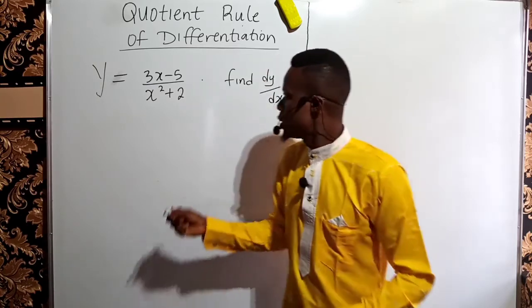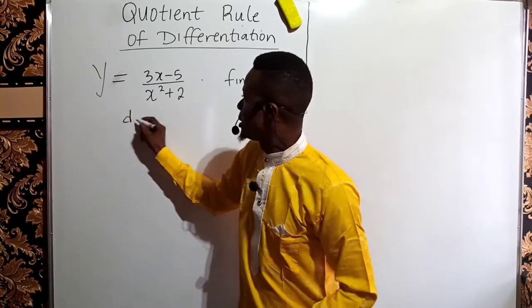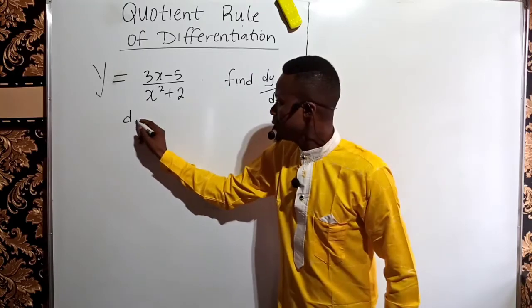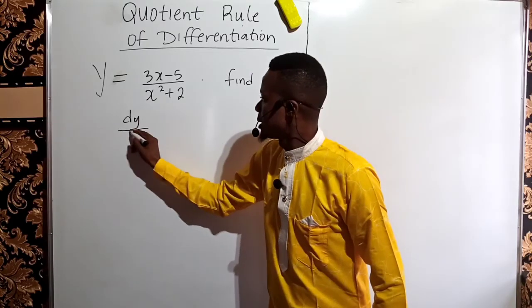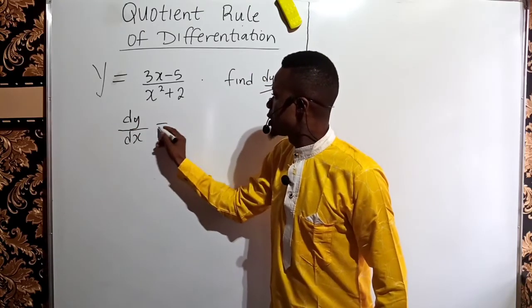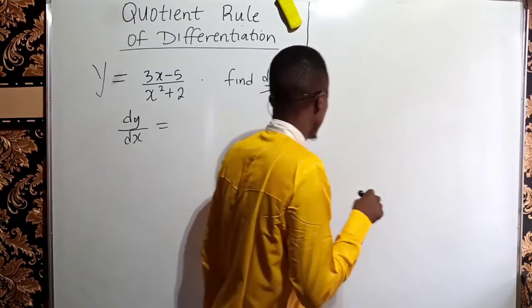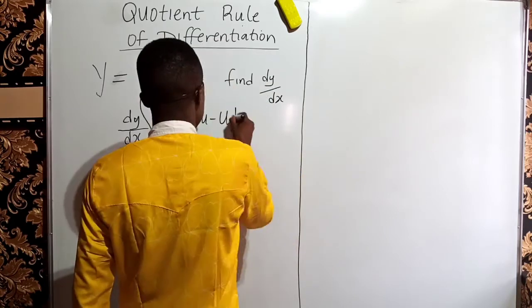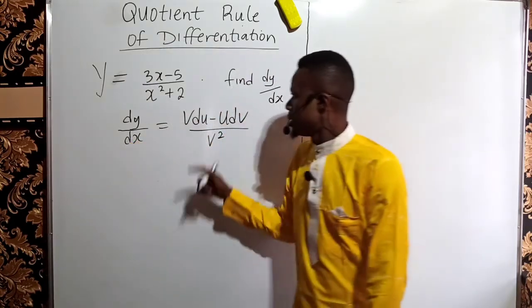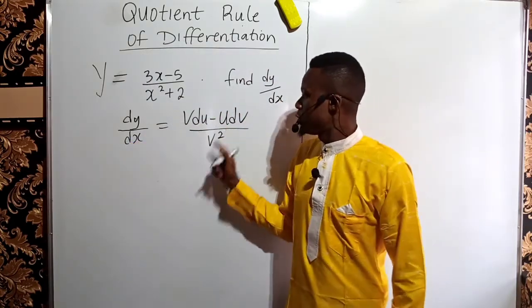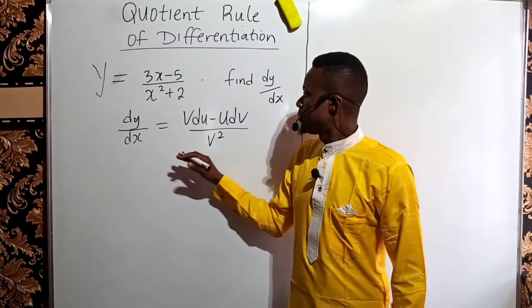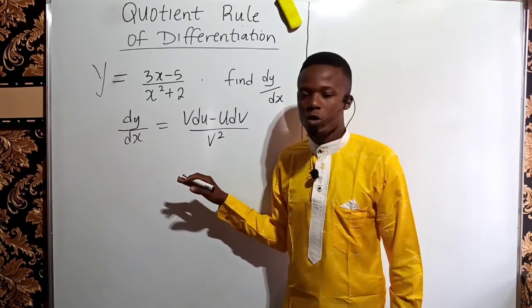The quotient rule is telling us that dy/dx, that is the rate of change of y with respect to x, is equivalent to (v du minus u dv) over v squared. This is the formula you use for the quotient rule.